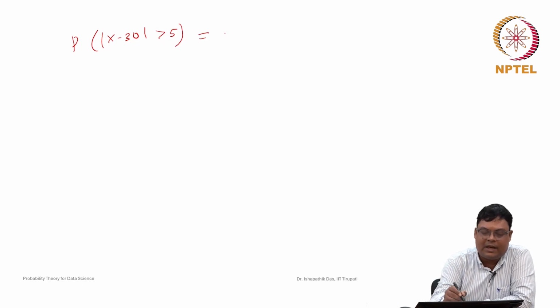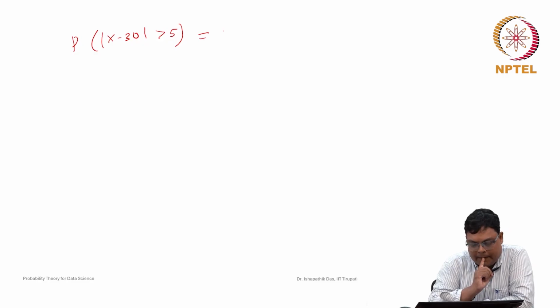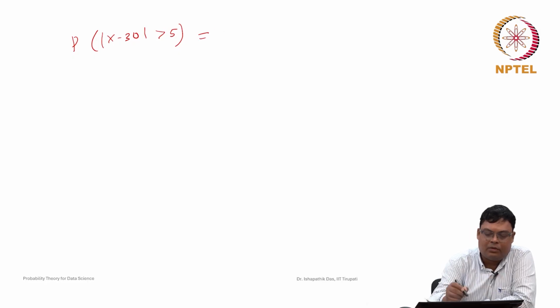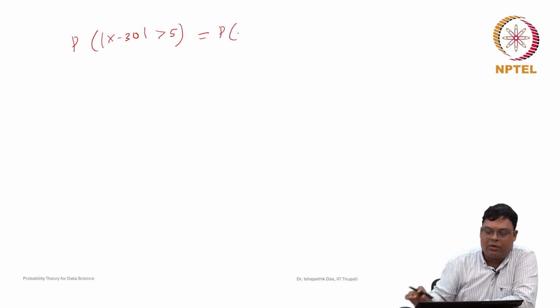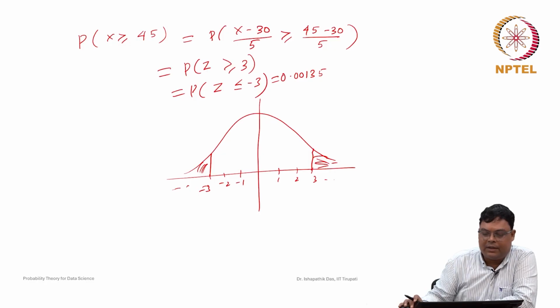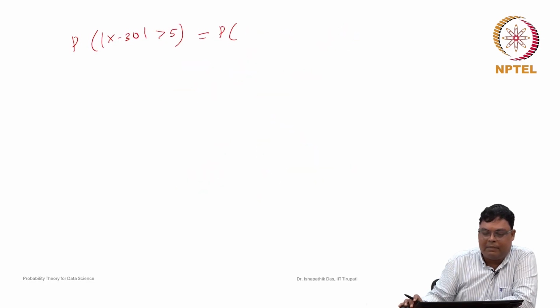So, how can we compute it? Basically it is a mod. If you divide by 5, what is the transformation here? z is x minus 30 by 5.